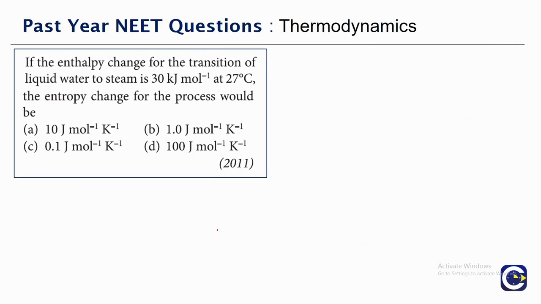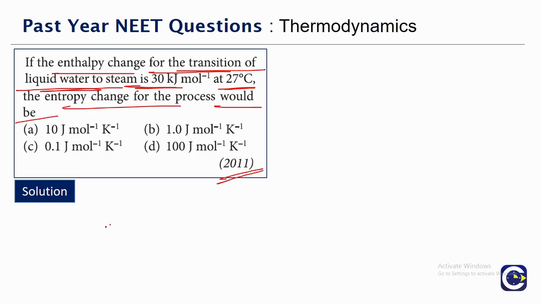Look at another question; this is the question that came in the 2011 paper. If the enthalpy change for the transition of liquid water to steam is 30 kilojoule per mole at 27 degrees Celsius, the entropy change for the process would be. So liquid is becoming steam.